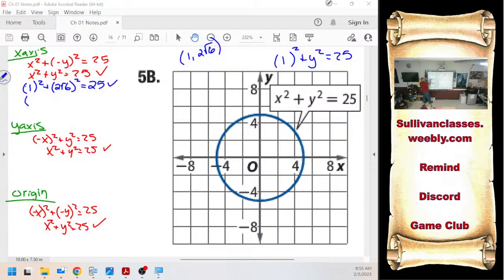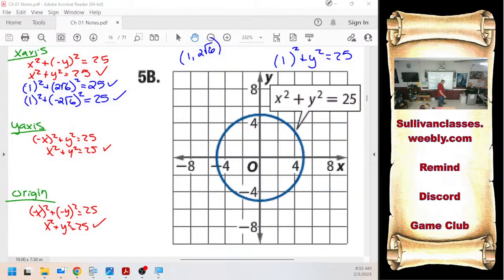And then I can show you that 1 squared plus negative 2 root 6 squared is still 25. That's numerical support. It doesn't have to be pretty as long as ugly works. Here it would have been the exact same thing, but I would have negated the x. Here I would have negated both.